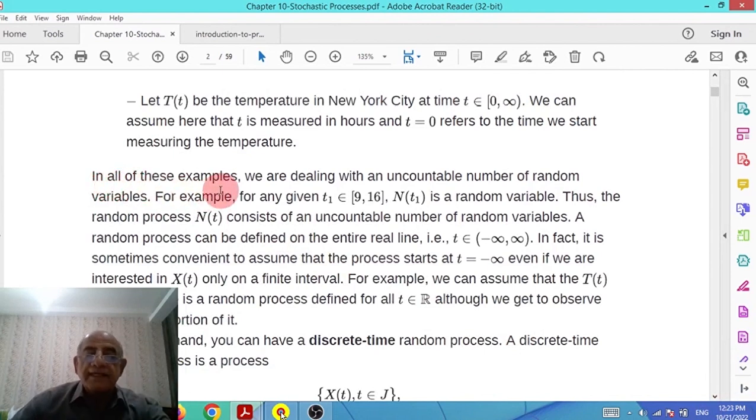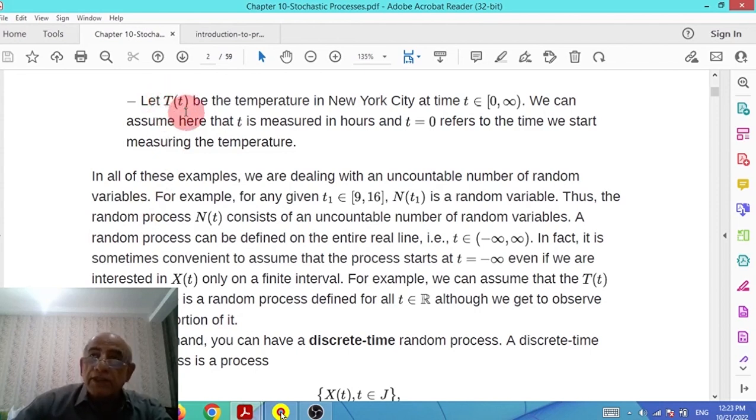In all of these examples, we are dealing with an uncountable number of random variables, okay? Because t can take any time.